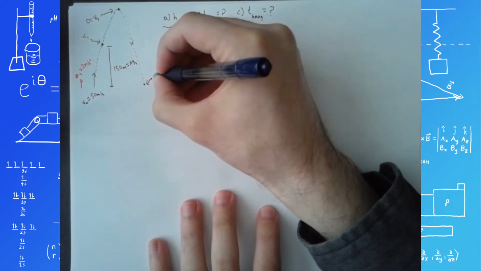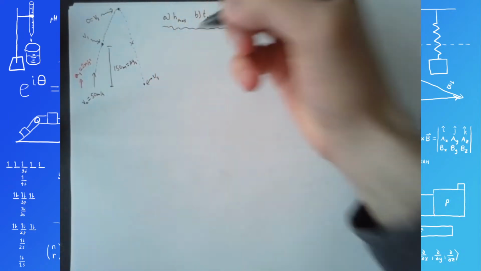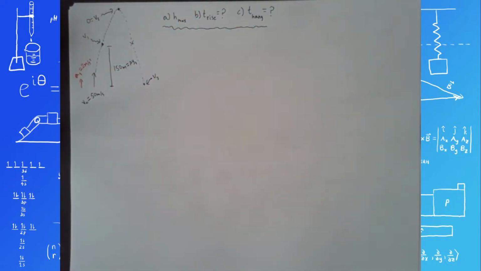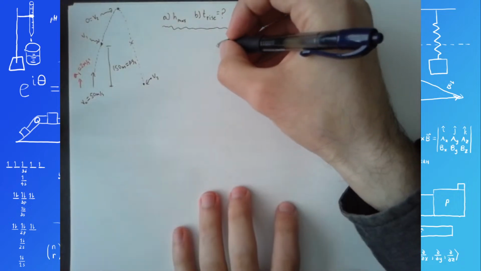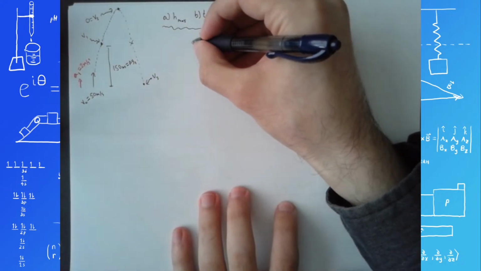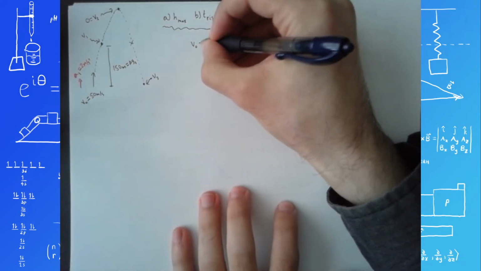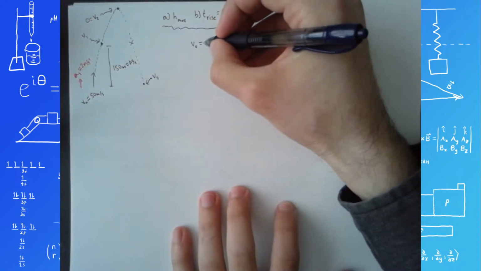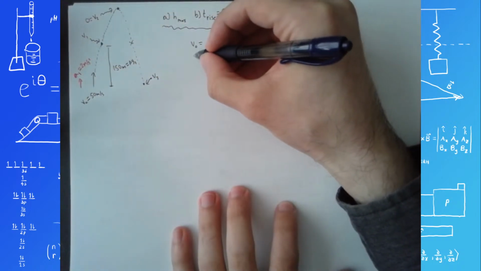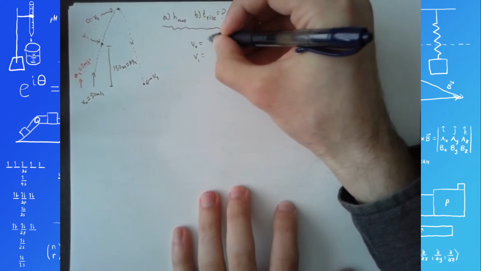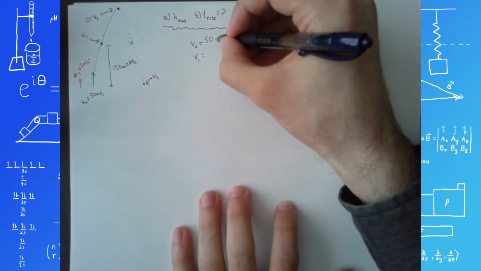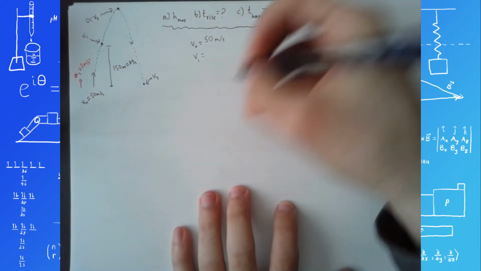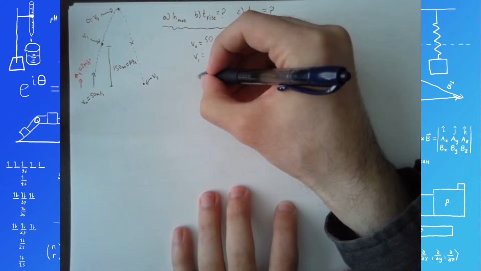over here, I would call this V3. And let's go ahead and organize our information. So, first phase of the motion, first leg of the rocket's trip, whatever you want to call it. We've got V0, which is 50 meters per second, V1, which we don't know yet.